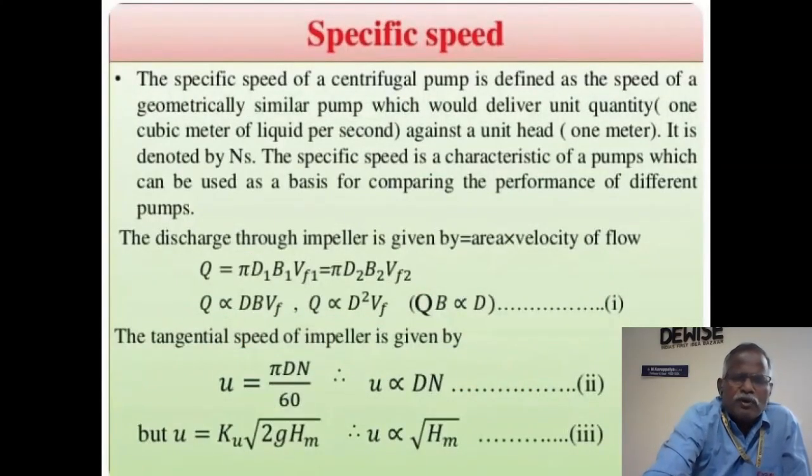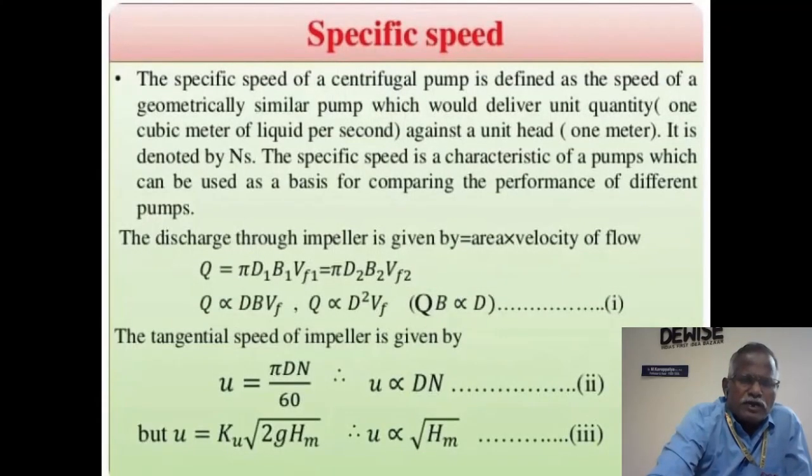Specific speed of the pump is defined as the speed of geometrically similar pumps which deliver a unit quantity, 1 cubic meter of liquid per second, at unit head, meaning 1 meter, denoted by Ns. The formula will be shown.